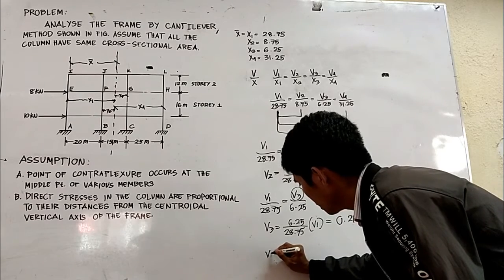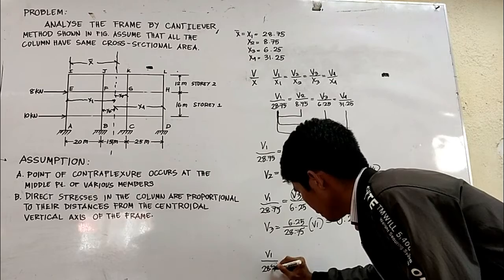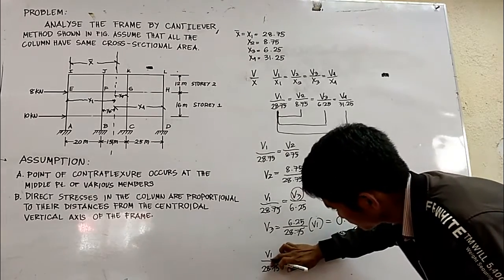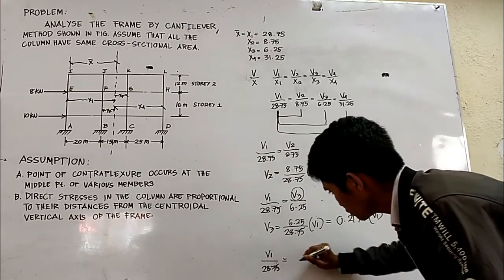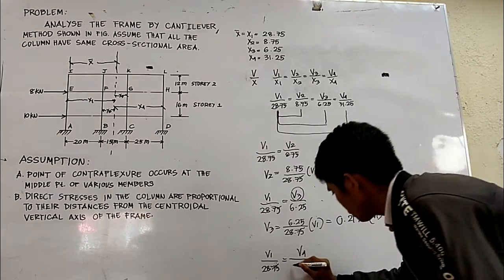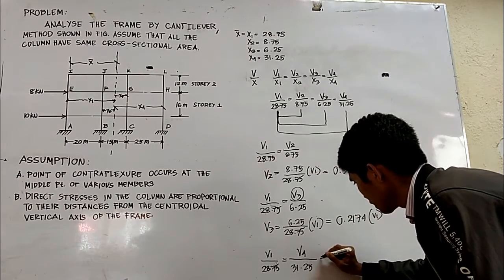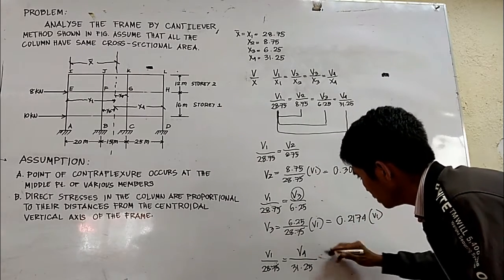Find the value of V4. We will use this one: V1 over 28.75 is equal to V4 over 31.25.